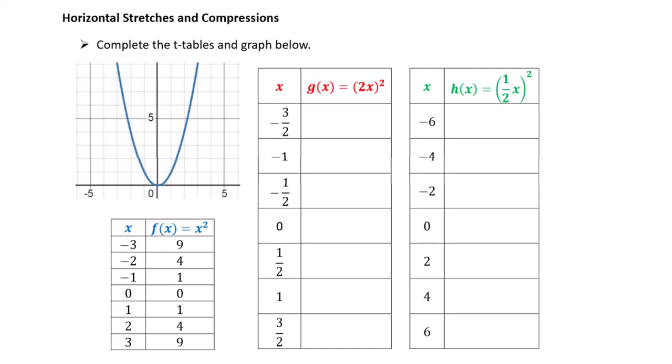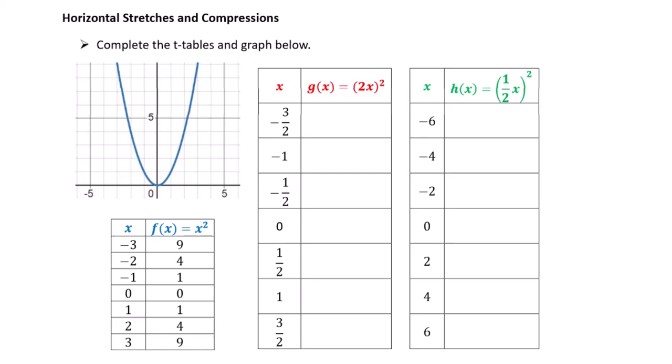Let's look at the g of x function. Now, if I want to be able to get the same outputs here as I had in this table, I can't put the same inputs. If I put a -3 right here, this would make this a -6, and then -6 squared is 36, and that's not what we want at all.